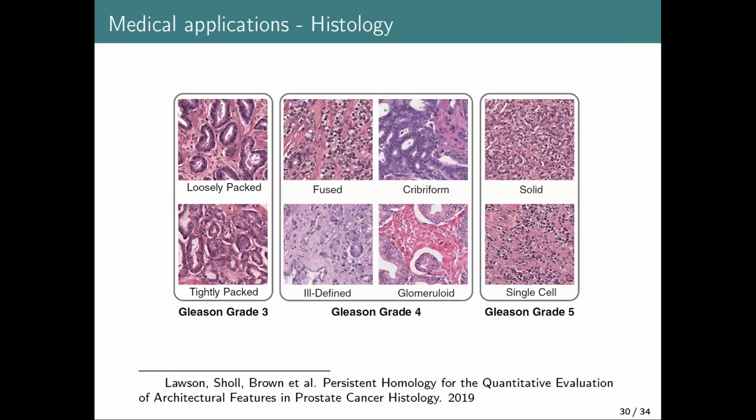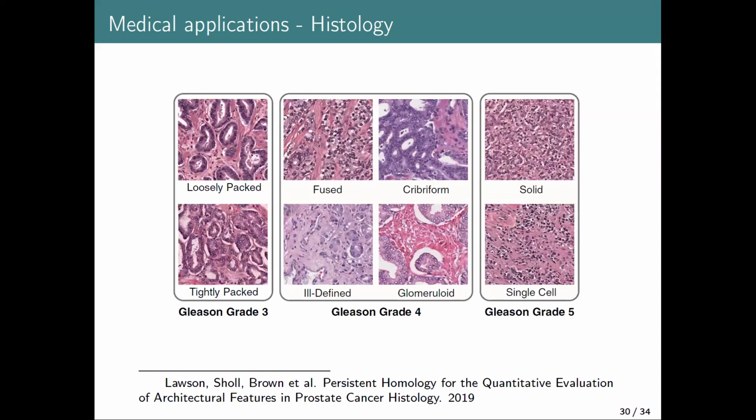These words describe the topology of the tissue. Grade 5 on this scale means that the tumor is very bad, and grade 3 means it's still a tumor, but a bit better.